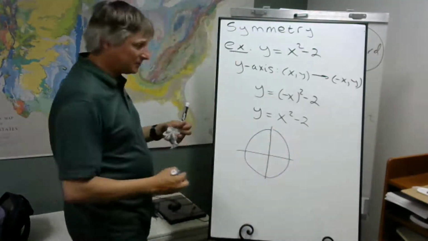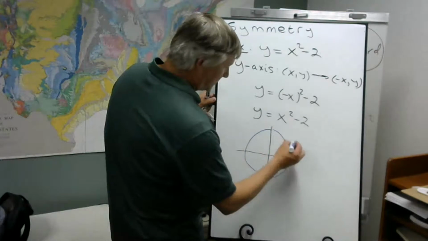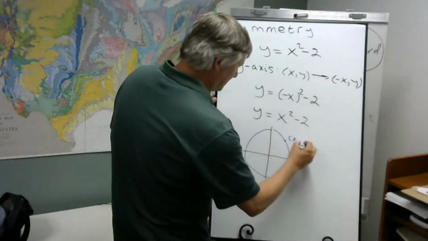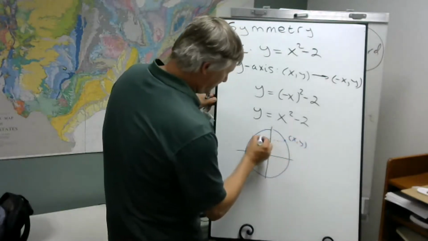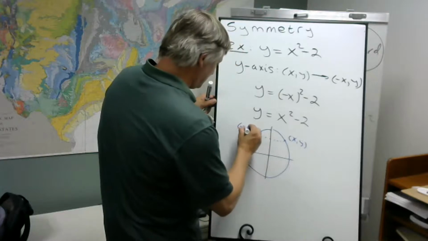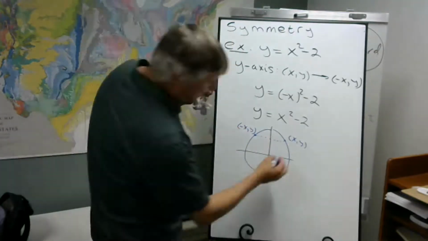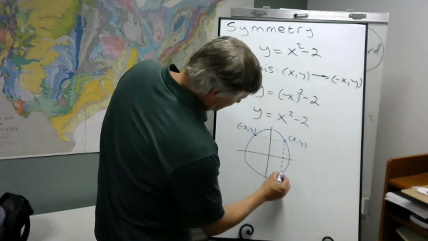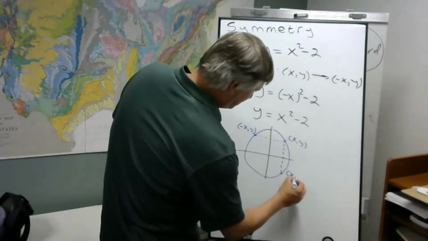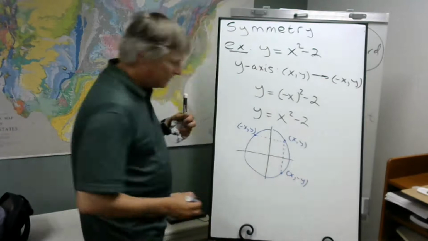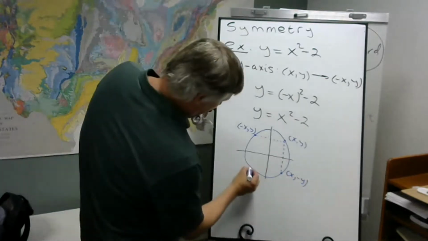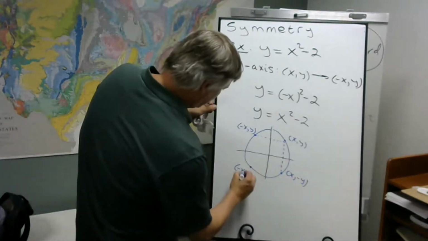Borrowing some artistic license. As for symmetry across the y-axis on a circle, sure enough, we do get this. And for symmetry across the x-axis, we certainly do get this. And for symmetry across the origin, we definitely get this.